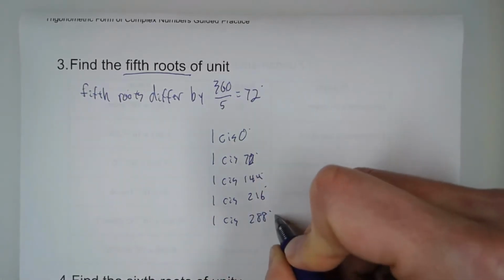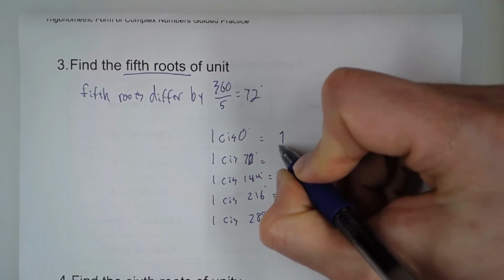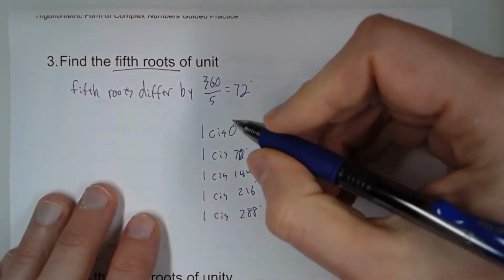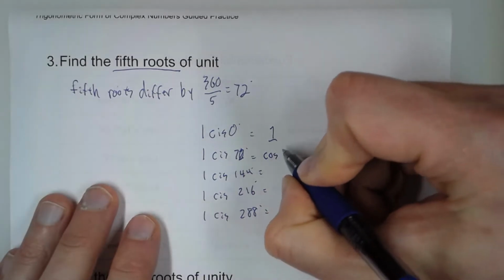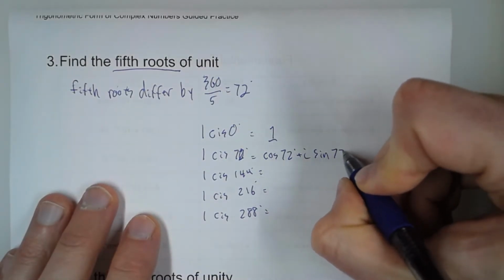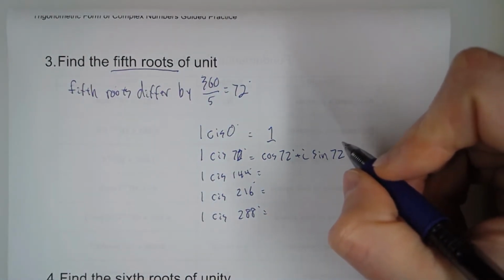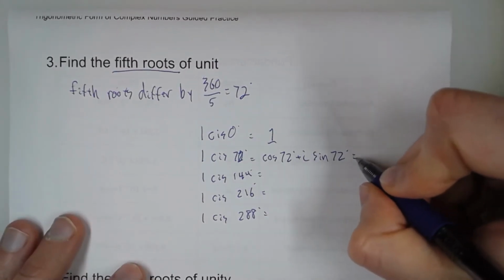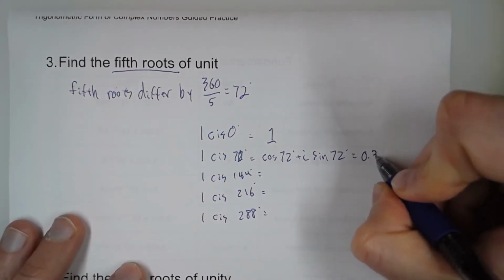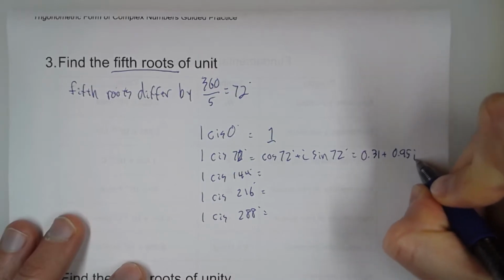Now, unfortunately, these angles are not common on a unit circle, so these we'll have to write out and use our calculator. So cosine 72 plus i sine 72. So we get 0.31 plus 0.95i.